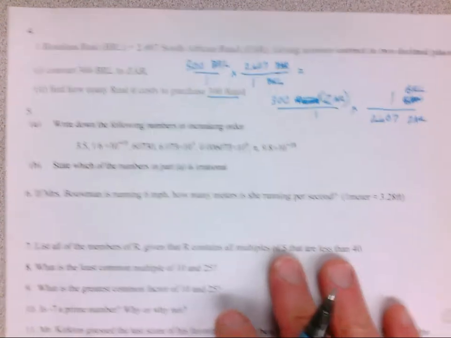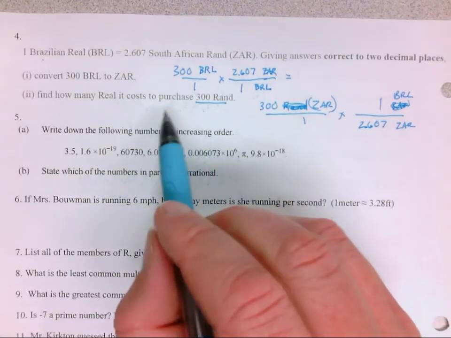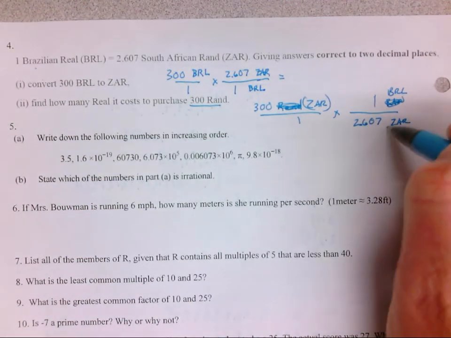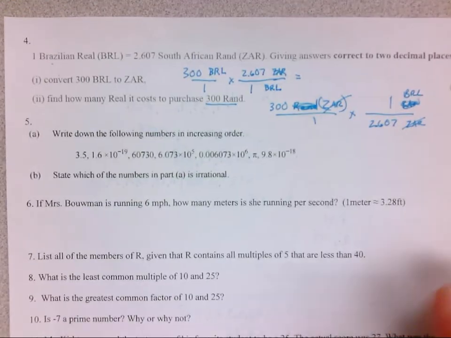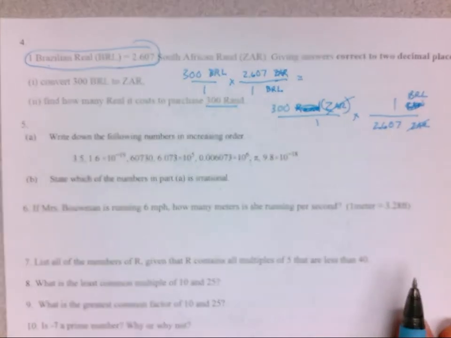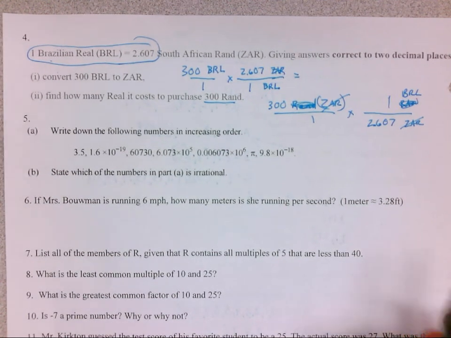Okay. So essentially you're coming up with an equivalency statement here using the units, and we're just canceling out. This is your fraction that's equal to 1. Okay, I'm going to stop this video and then I'll do the rest on another video.